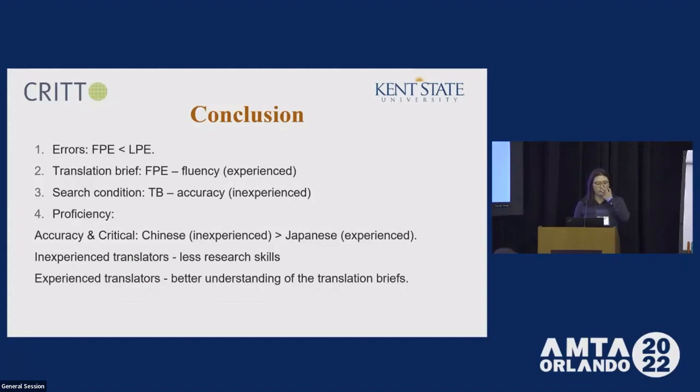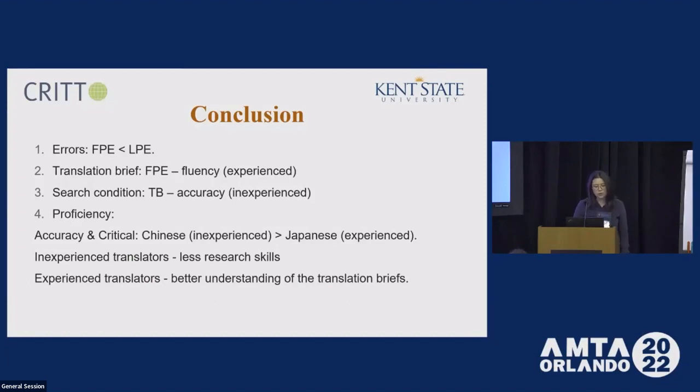They consistently deliver higher quality translations than Chinese participants. And we also conclude that the inexperienced translators have less research skills, and that's why when they are provided with a term base, they tend to provide higher quality.